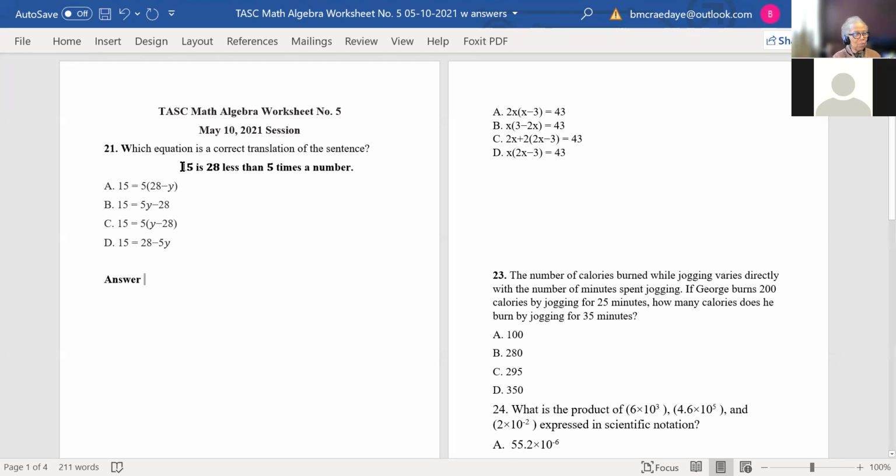So 15 is equal to 28 less. That means subtracting 28 from 5 times a number, which is multiplication of 5 times a number. And they're using y as the variable. What is the answer, Maureen?